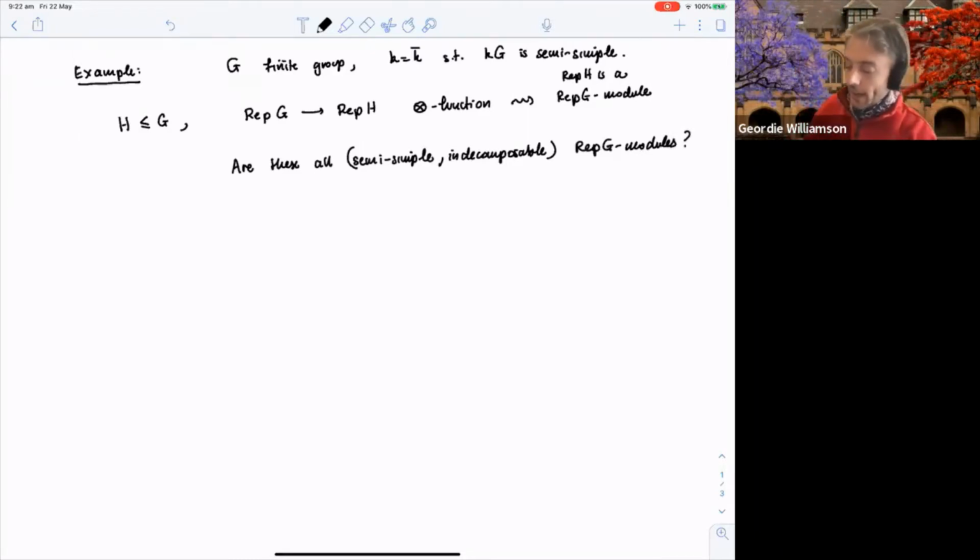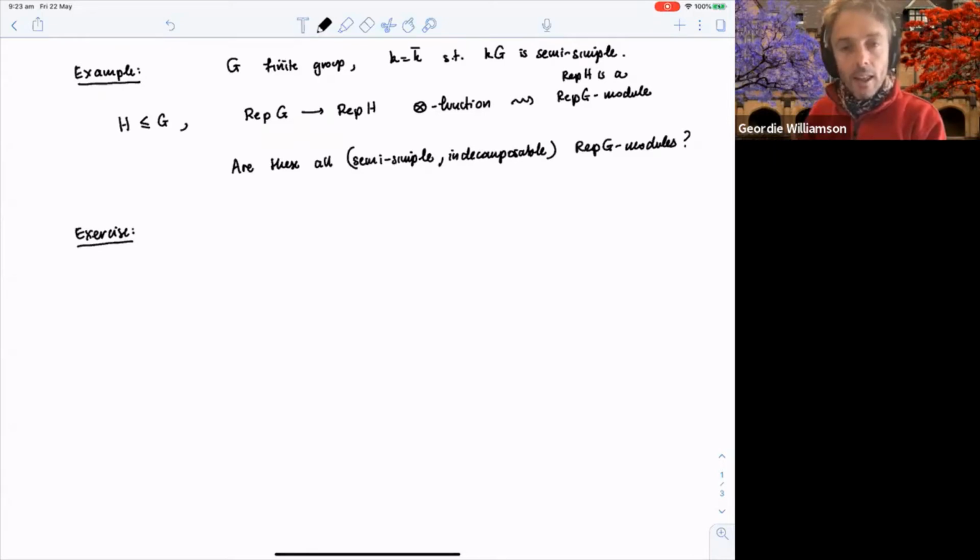And now an exercise that I would recommend doing to get used to this. In order to understand the answer to this question, we need to understand algebras inside rep G, i.e. algebras with an additional G action.